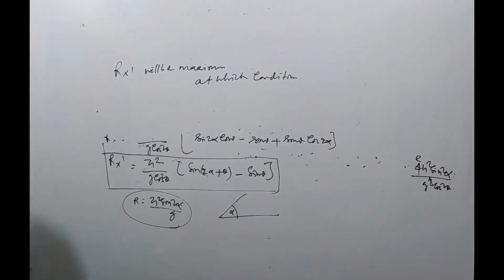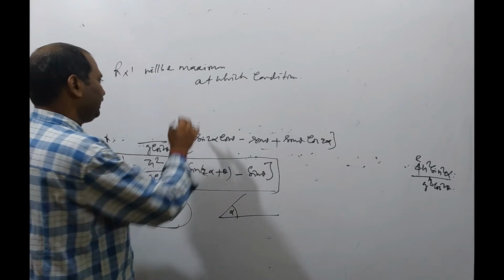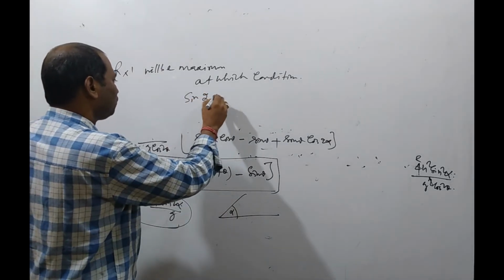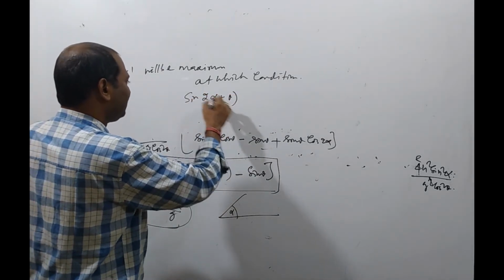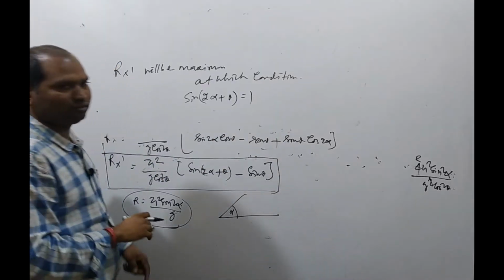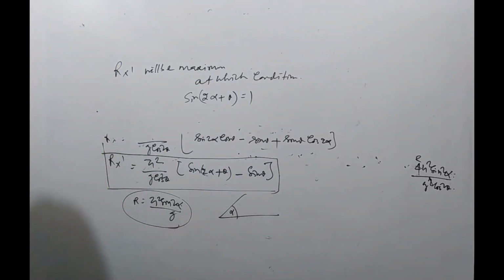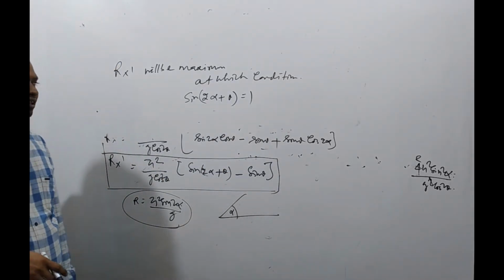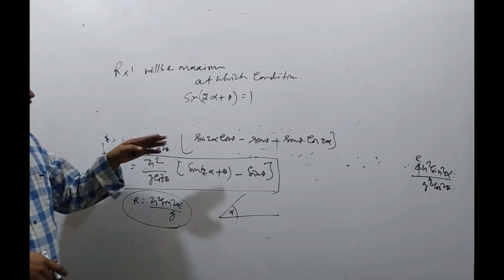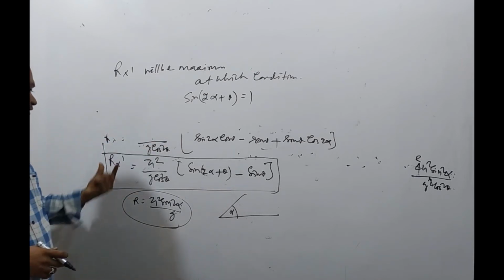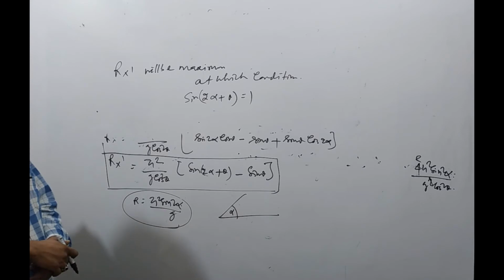Who can say? R x dash will be maximum if sin of 2 alpha plus theta is equal to 1. Is it not?